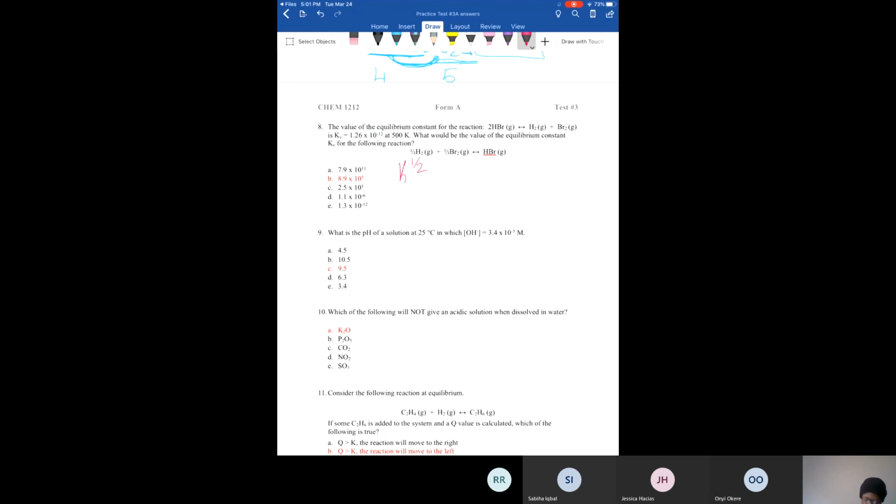And if I were to write it out as to why, so you have HBr, H2 to the 1/2, Br2 to the 1/2. This is the square root of, so the square root of, let me erase that.